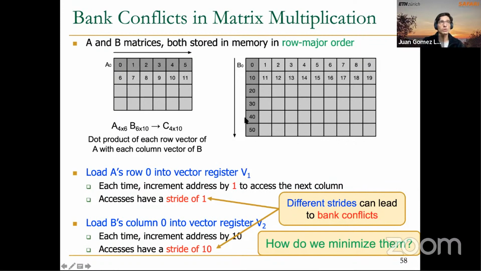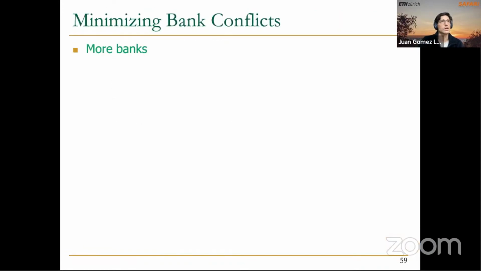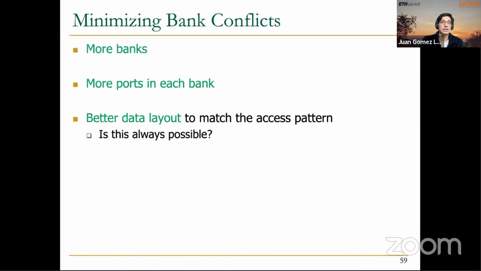And now all columns can be accessed as if they were rows, and this way we have consecutive accesses to consecutive banks. But this may not always be possible, right? For example, when we have indirect accesses, random accesses, if we don't have knowledge about how these accesses are going to happen, it's much more difficult.